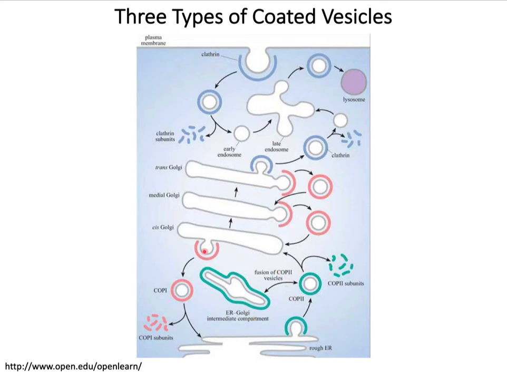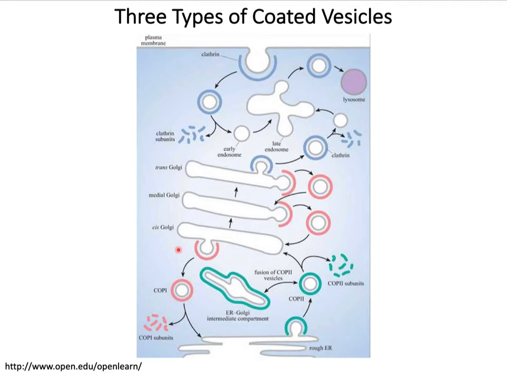And the COP1 is involved in the inter-Golgi trafficking and the backward flow of vesicles from the Golgi to the ER. And this retrograde pathway from Golgi to ER is really important in retrieving the ER resident proteins that accidentally escape the Golgi but must be returned to the endoplasmic reticulum.